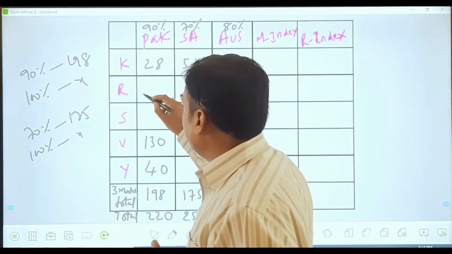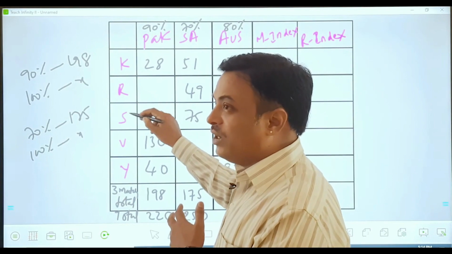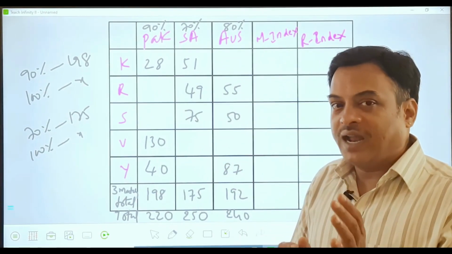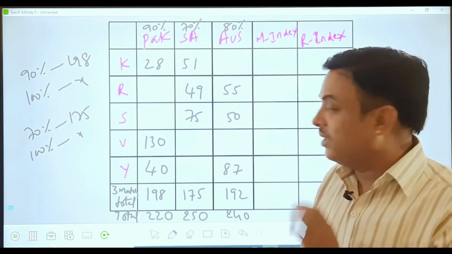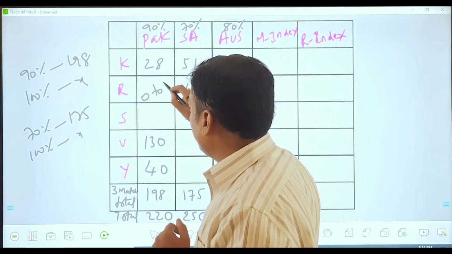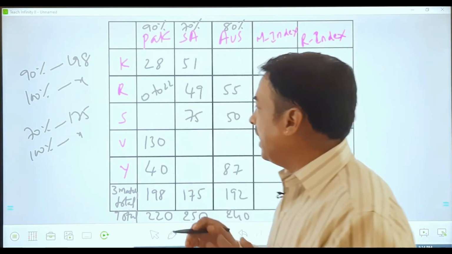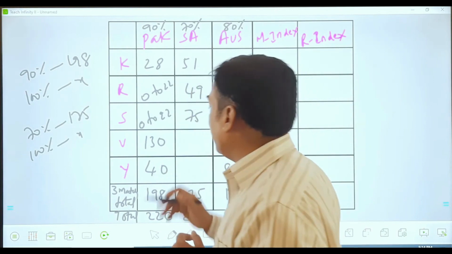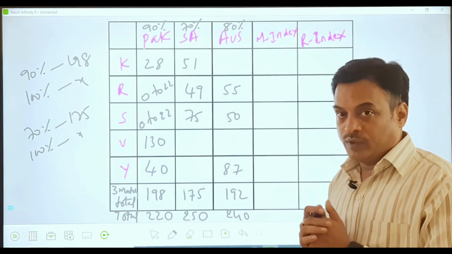I don't exactly know what R value and S value are against Pakistan, but I'm pretty sure it will be from 0 to 22. So 0 to 22 can be scored by R, and the same 0 to 22 can be scored by Saurav also.